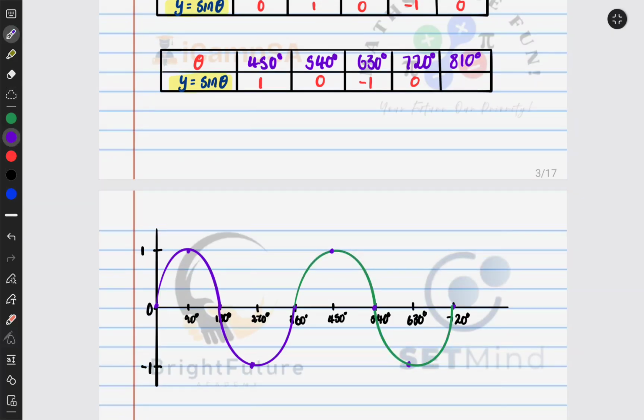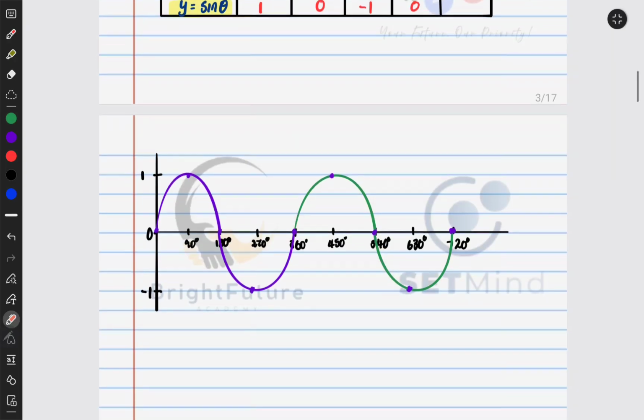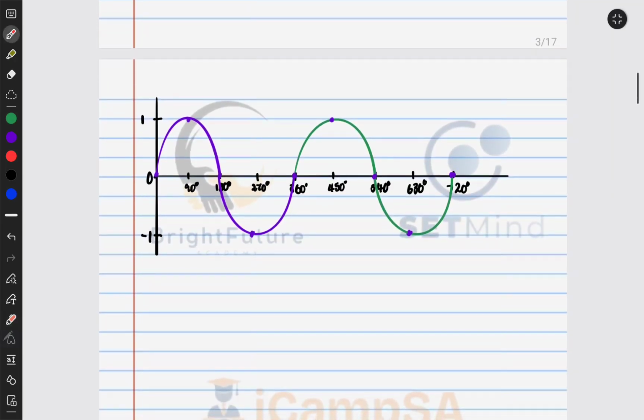Yes, so you see what happens here. Once we reach 360 degrees, from 0 to 360 degrees, we have this function that you see here, and then from 360 to 720 degrees, which is another 360 degrees, because 720 degrees minus 360 is 360 degrees. So for every 360 degrees, the function repeats itself.